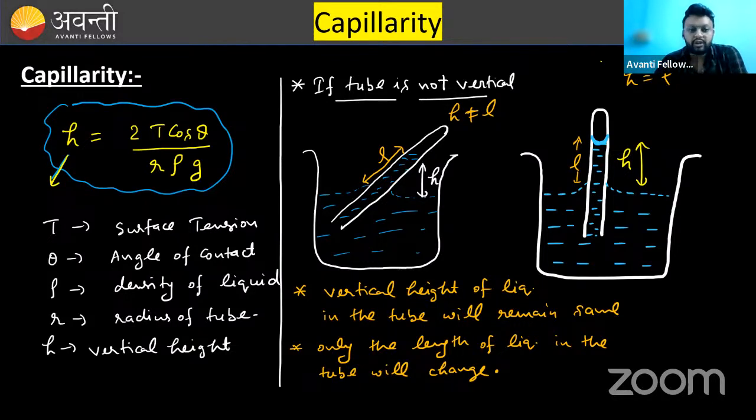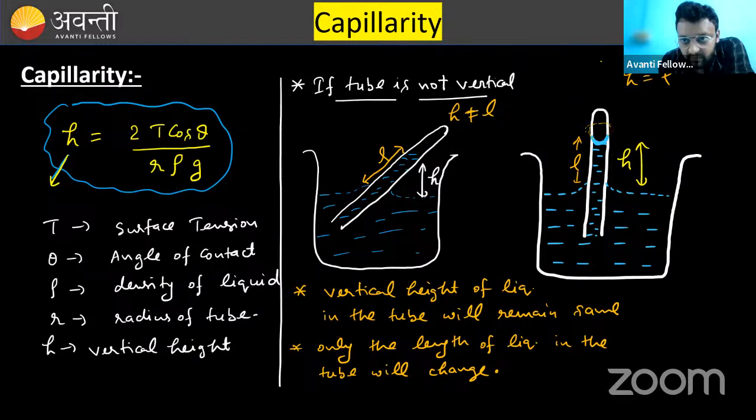Right now, you need to remember one or two things here. What is the formula for capillarity rise? That is 2T cos theta upon r rho g. Make sure in your mind that small r is the radius of the tube. There might be another term mentioned as radius of meniscus, because this is a concave surface, so it might have some radius.